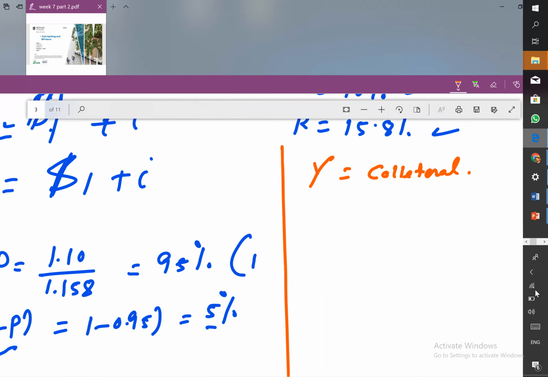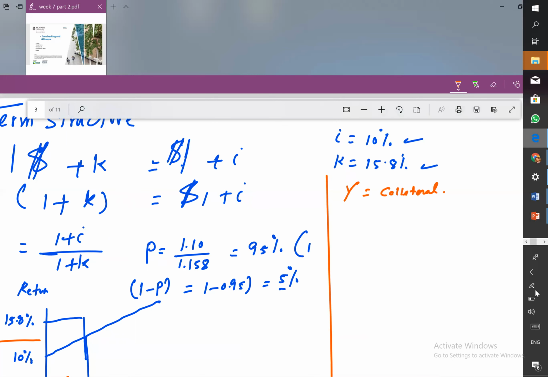Now, when we talk about the collateral, which means if we want to talk about the payoff of our investment, it will be my dollar plus its interest, and their probability, plus my dollar, the probability of defaulting.